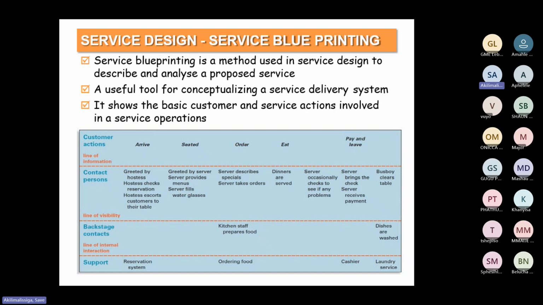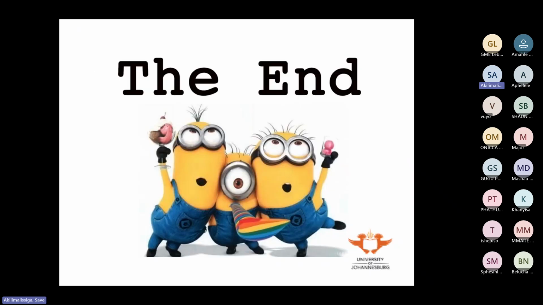You can easily identify those and address the issues so that the service process can be functional. Those are the key points when it comes to service blueprinting. And obviously, that is also the end of the chapter. I didn't say it's the end of the session, but the end of the chapter.